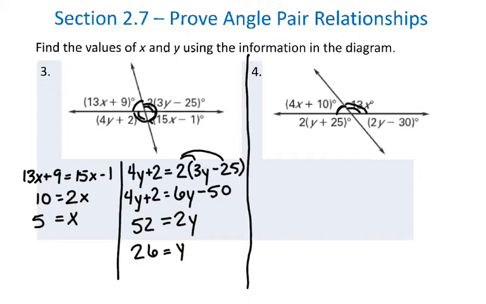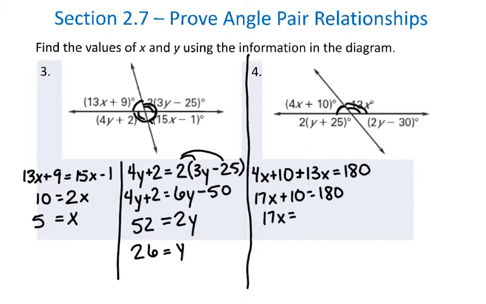So, to figure out x here, we're going to say 4x plus 10 plus the 13x equals 180 degrees. Combining like terms, we get 17x plus 10 equals 180. Then 17x equals 170. So x equals 10.